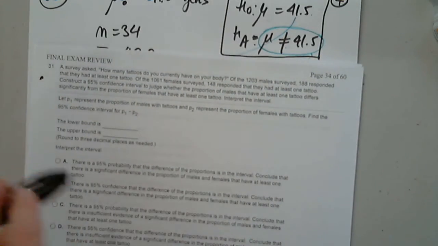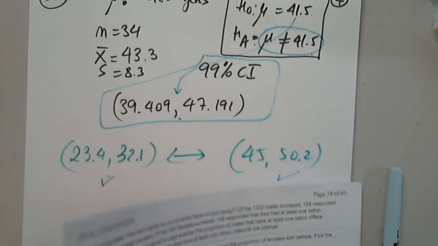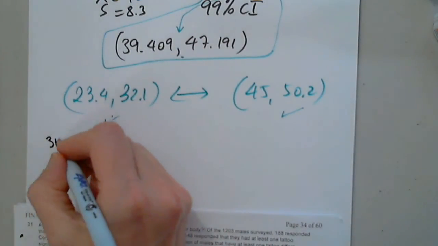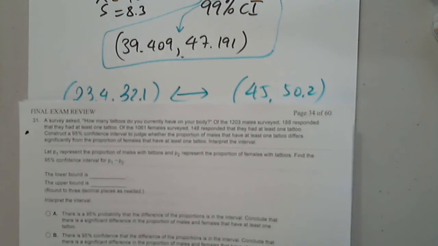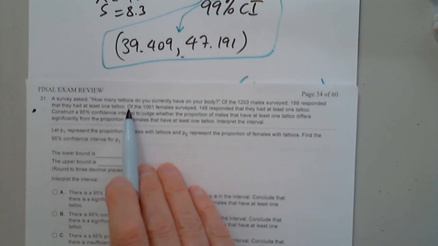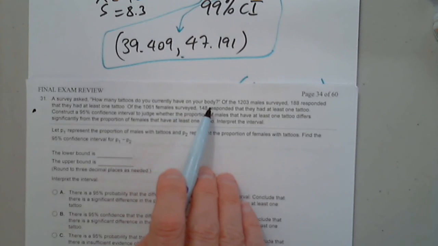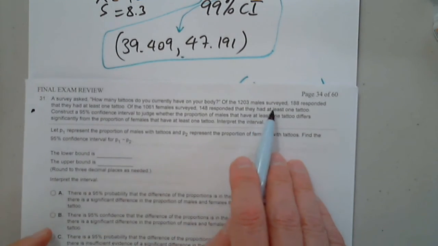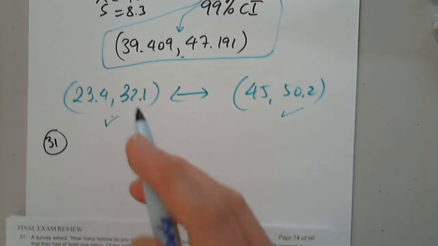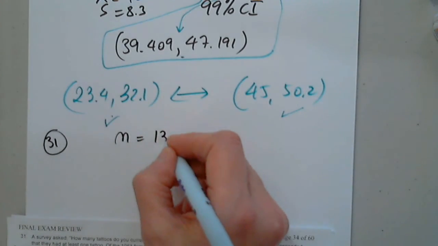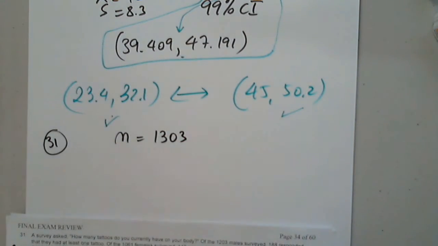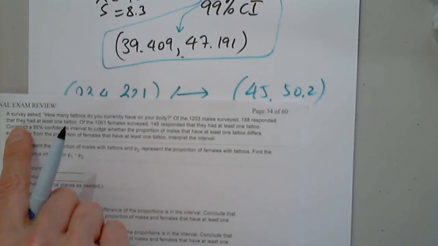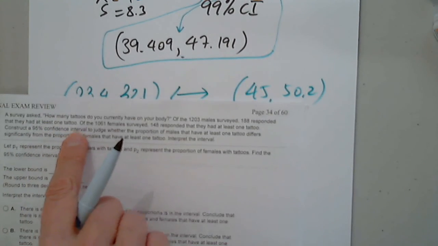Okay, so here's another example. Number 31. Let's take a look. A survey asked, how many tattoos do you currently have on your body? Of the 1,203 males surveyed, 188 responded that they had at least one.